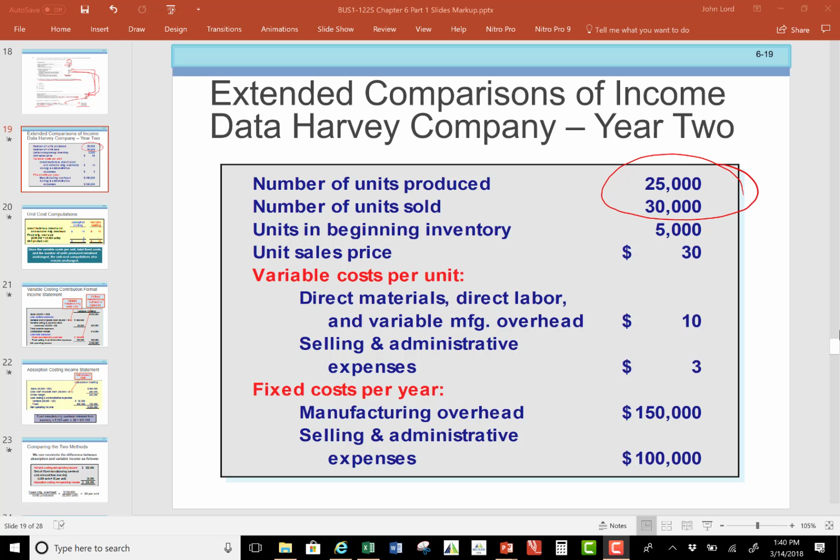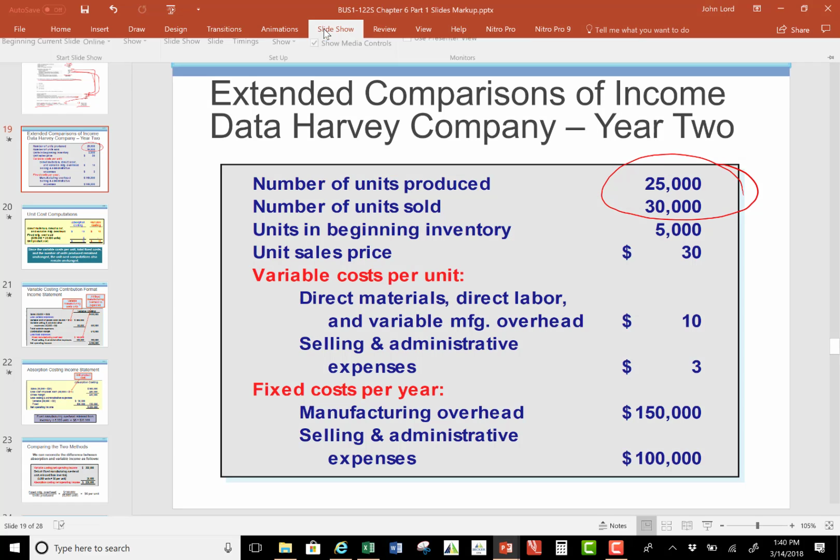And absorption is releasing them in the period that the inventory levels decrease. If inventory levels increase, then I already said that. If inventory levels stay the same, then there really will be no difference between variable and absorption. Okay, so let's just go ahead and practice here, see how that works out with this example.